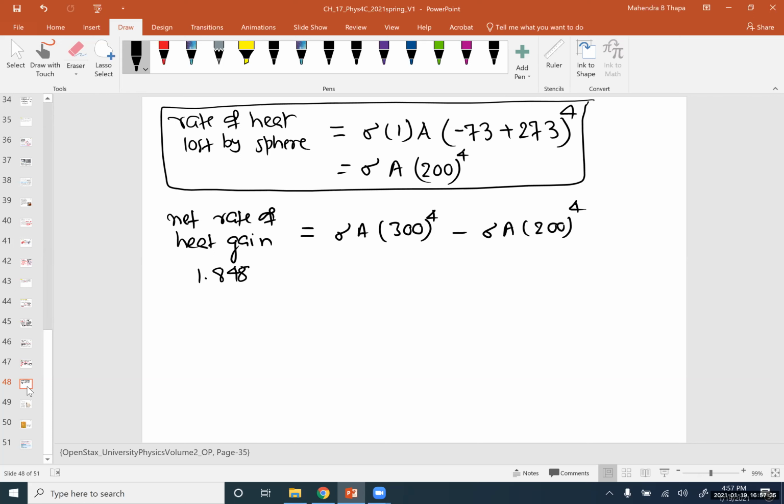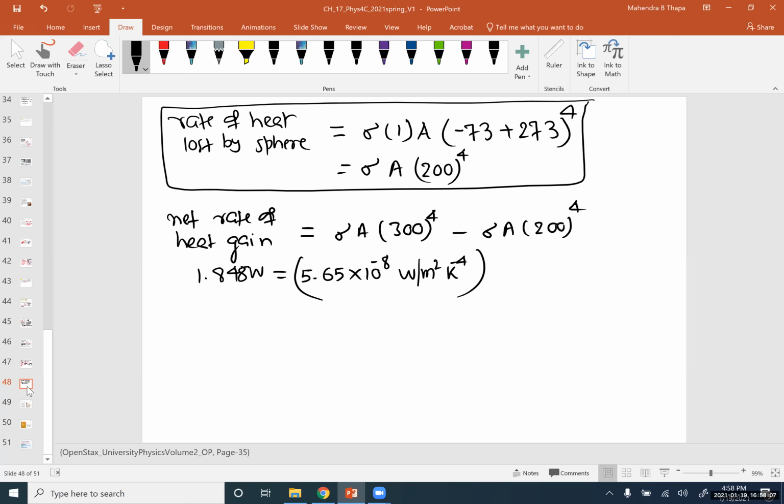Then the value of sigma is 5.65 times 10 power minus 8, watt per meter squared Kelvin power 4. This is sigma. A value, let's find A value somewhere.